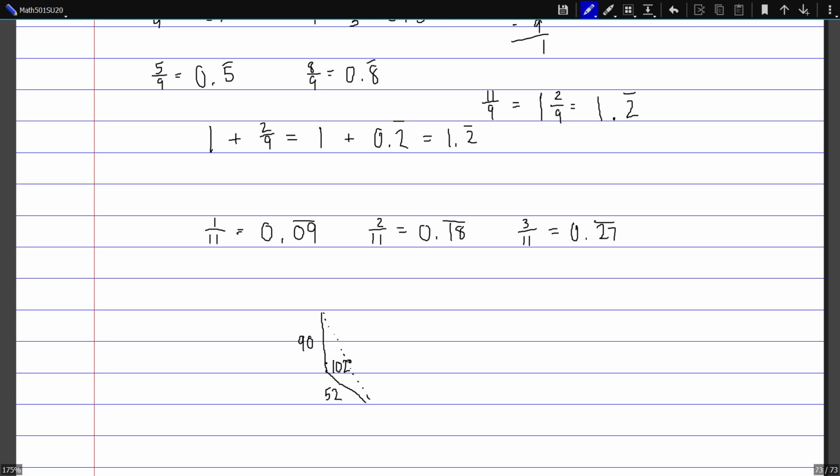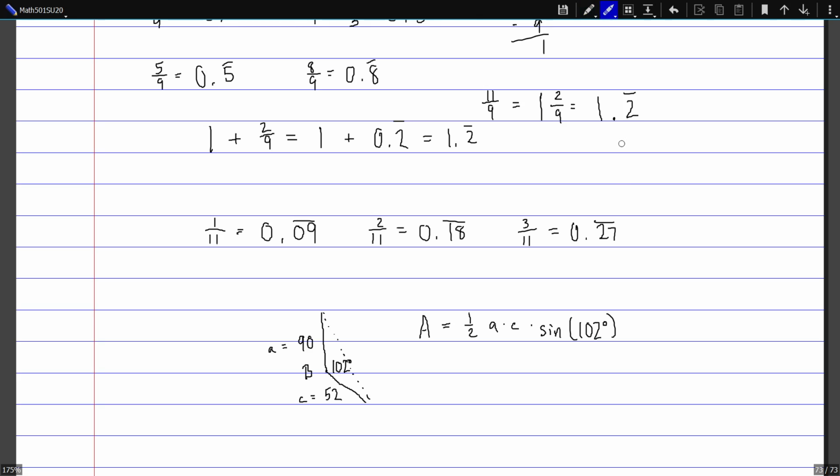So in this case, it doesn't really matter which we assign to be A, B, or C, but let's just say for the sake of argument that A is 90, C is 52, then this angle that's between them is angle B. So then we use the area formula, 1/2 A times C times the sine of this angle between them, 102 degrees.